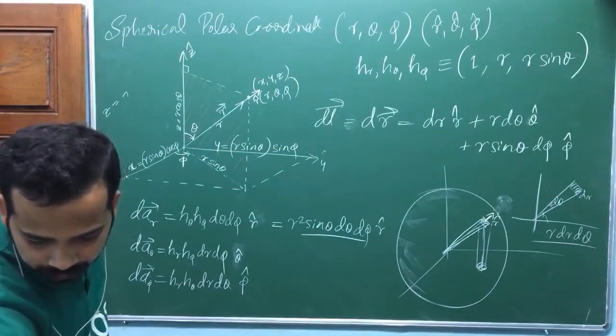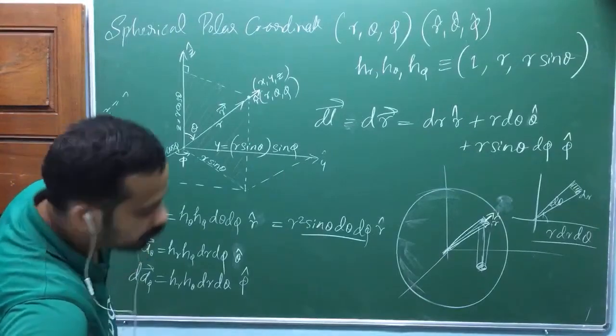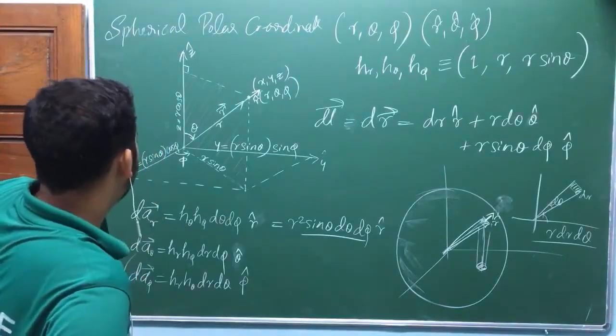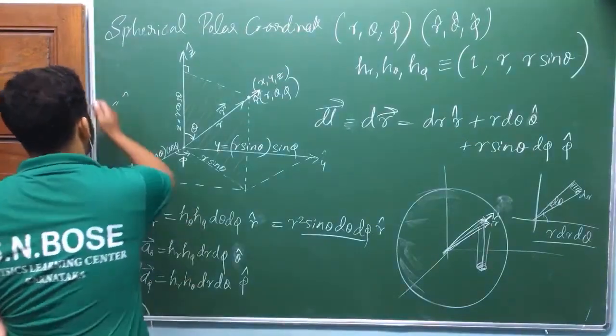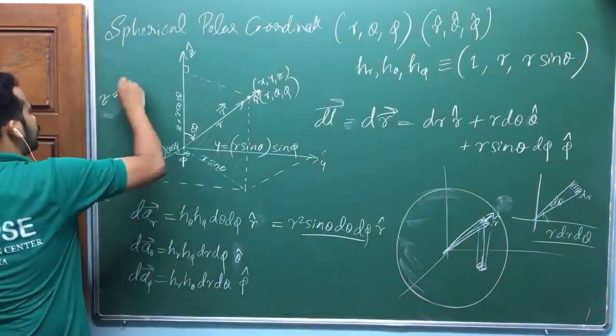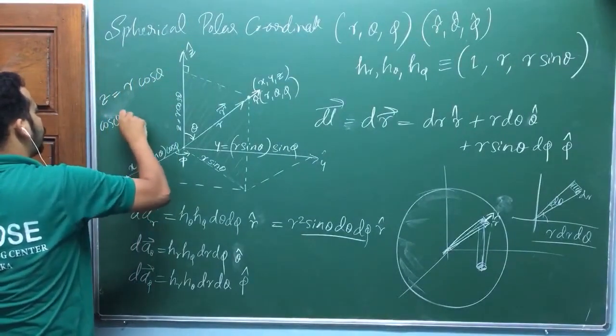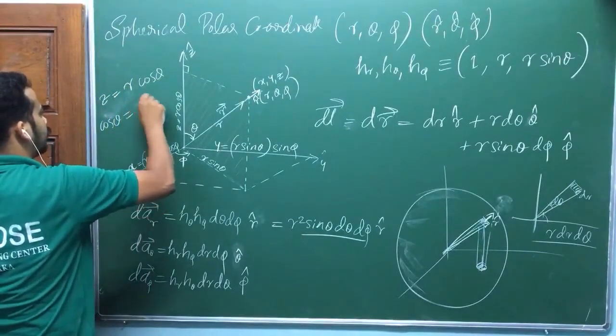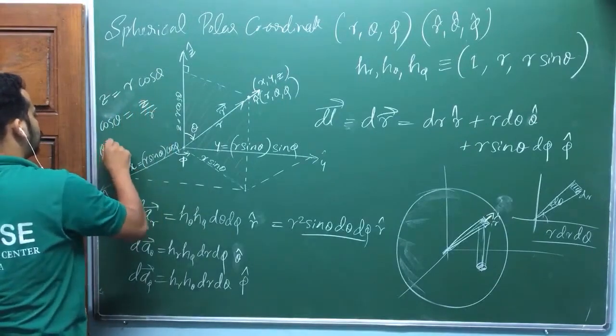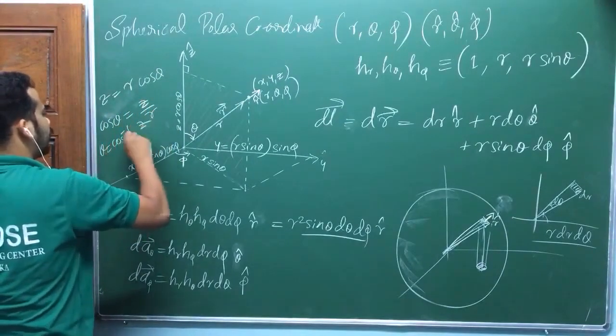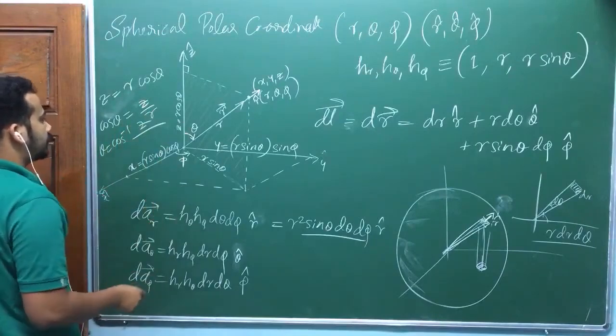Theta is equal to arc tan of root of x square plus y square plus z square. Can I define z is equal to r cos theta? Am I right? Is this correct? Then cos theta is equal to z by r. So theta is equal to cos inverse of z by r, where r is root of x square plus y square plus z square.